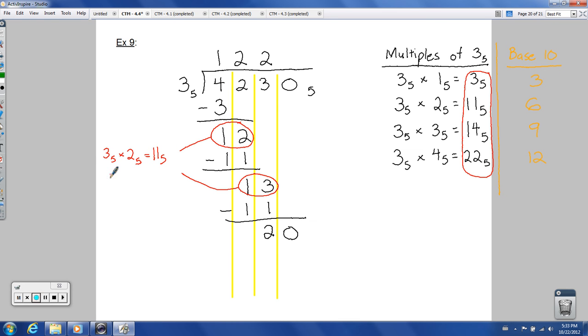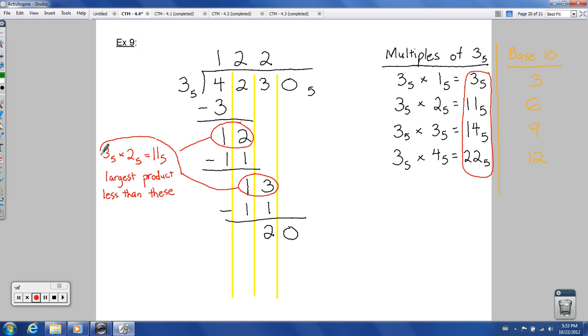This was the largest product. Product is just multiplication, so the largest product less than these.